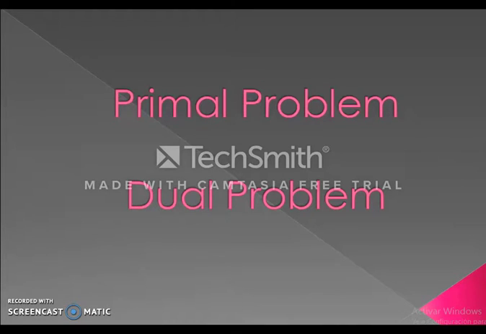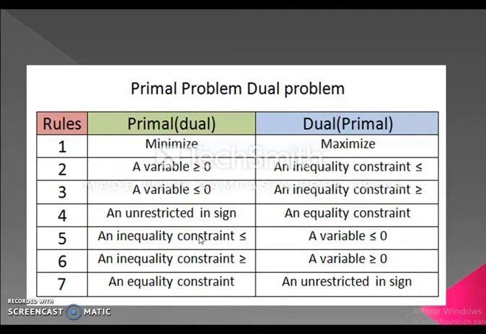For the rule, primal problem, dual problem: unrestricted in sign and inequality constraint of the primal problem become, in the dual problem, an inequality constraint less than or equal, a variable less than or equal to 0.